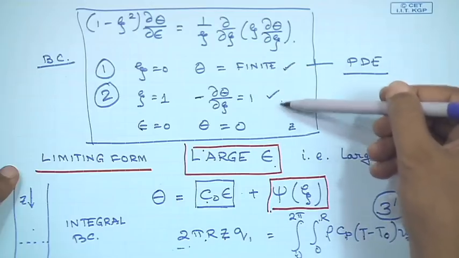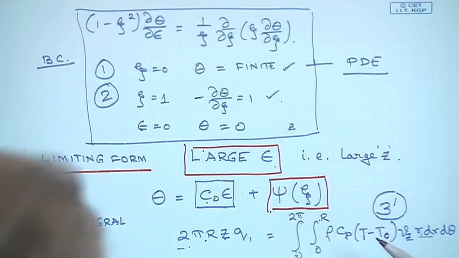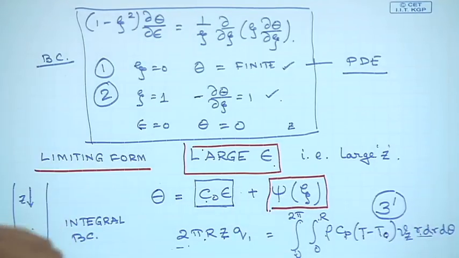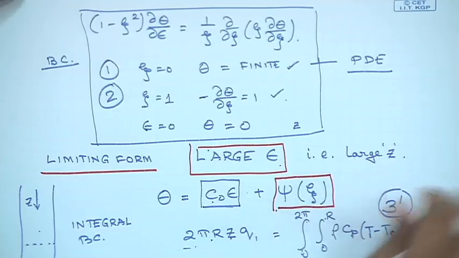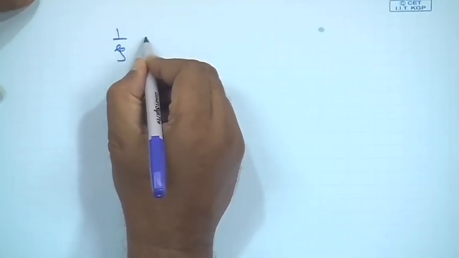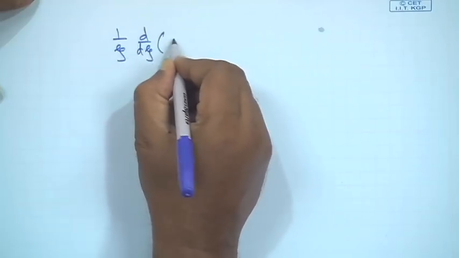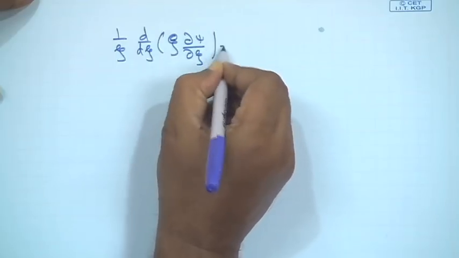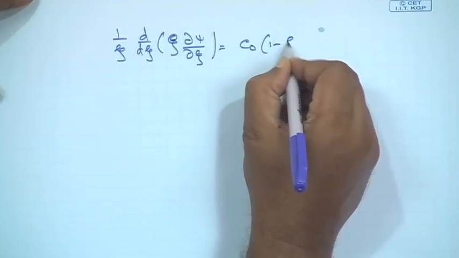So, when you use these three conditions and evaluate the constants C and this psi over here, you would get, upon substitution of theta in here, 1 by zeta d zeta times zeta del psi by del zeta equals C naught times 1 minus zeta square.